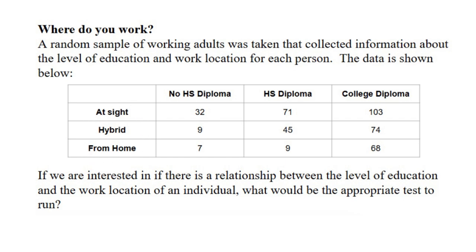If we're interested in whether there's a relationship between the level of education and the work location of the individual, what would be the appropriate test to run? The important thing here is we took one random sample that collected two pieces of information. Essentially, we asked each person, what was your level of education and where are you working? So this is the chi-square test for independence because it's one random sample.